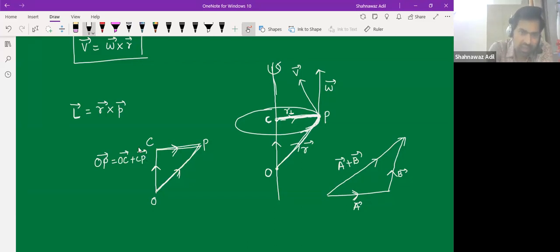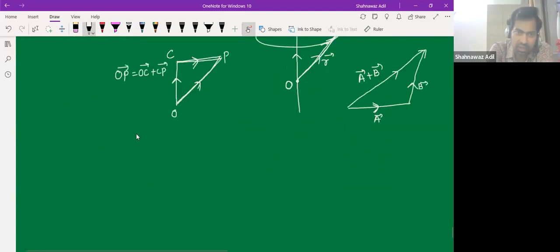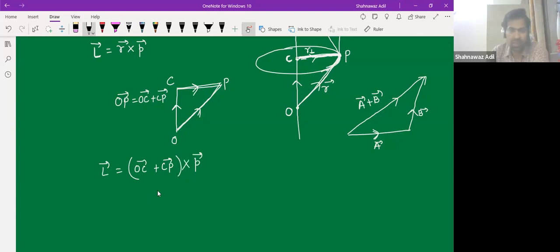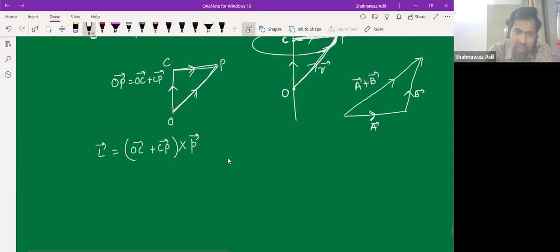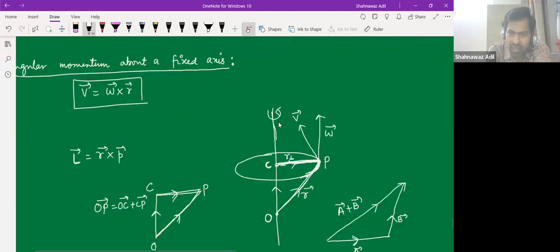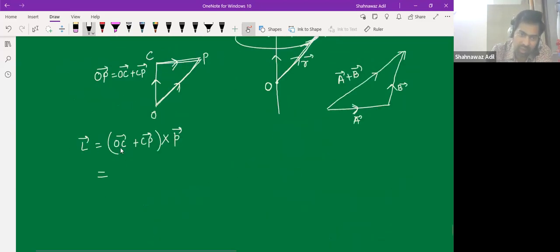So let us write that part. L would be this OC plus CP, cross P. So then this would be, as Akib said, CP is R perpendicular, right?